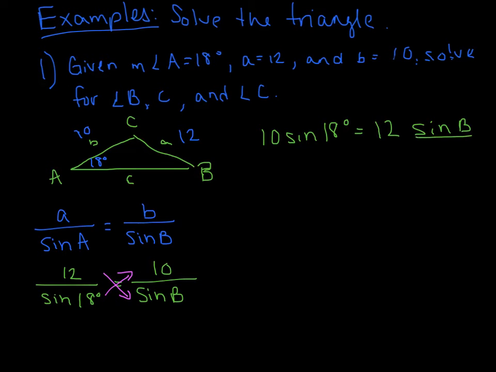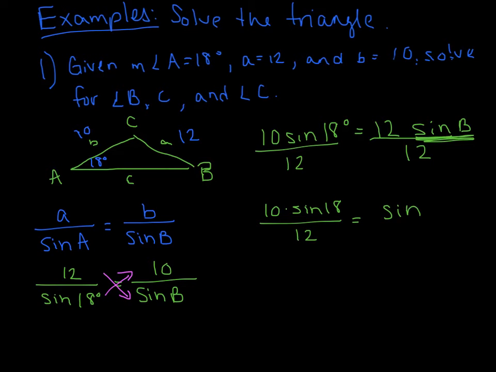So I have to get this sine by itself because I need to get B by itself. The first thing I need to do is divide both sides by 12 because I want to get rid of the 12. So I have 10 times the sine of 18 divided by 12 equals the sine of B, because on this side my 12's cancel with each other.